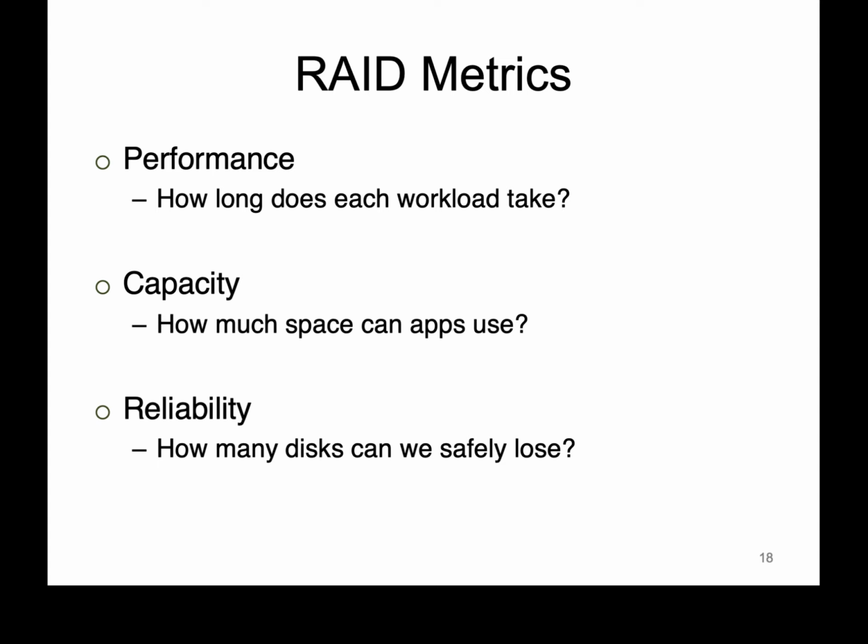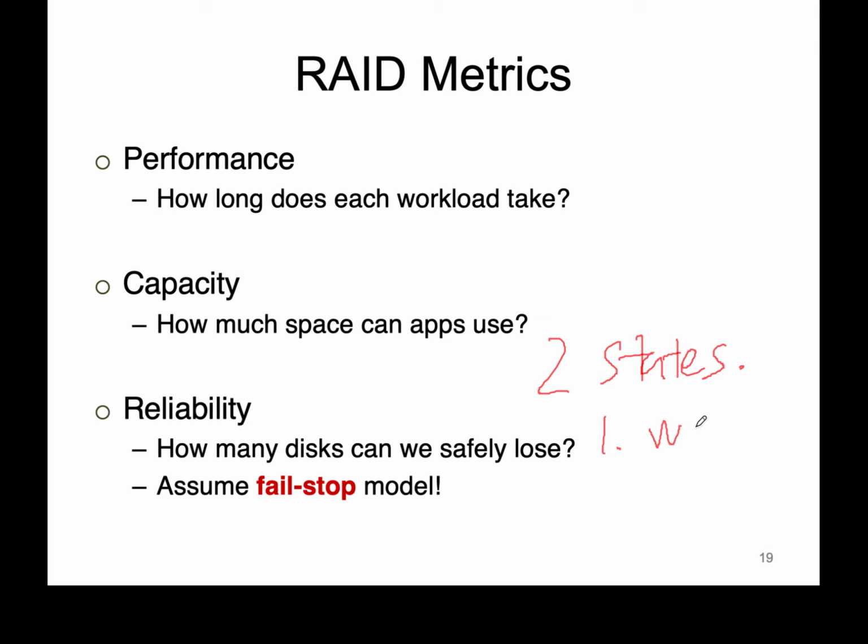So these are different kinds of metrics, a multi-dimensional matrix. Especially for reliability, here we assume a fail-stop model where each disk can only have two different states. The first state is the working state, and the second state is the failure state.